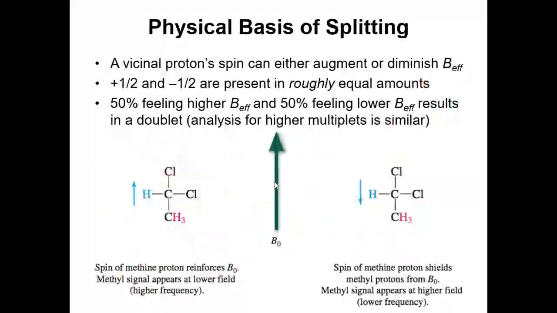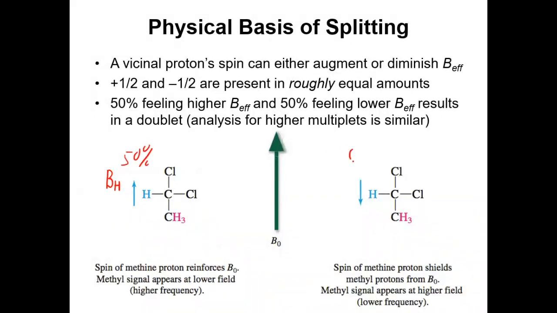Now, if we consider the small magnet, this one has a magnetic field, let's call it BH. This BH is obviously much weaker than B0. So the probabilities of the small magnet being parallel and anti-parallel are pretty much 50-50%.